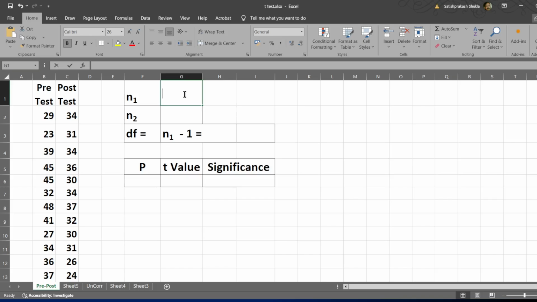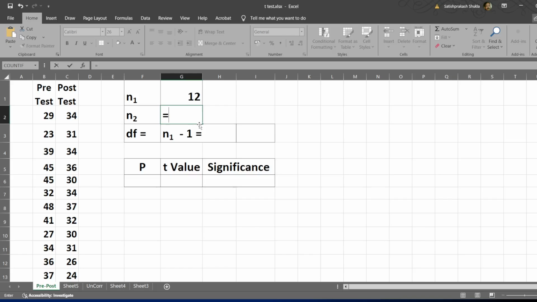Okay. Now we find N1, the number of observations in pre-test. To find it, we write equal sign, count, bracket and the data range, that is B2 to B13. The number of observations in pre-test is 12, and the number of observations in post-test, that is N2, will be counted in the same way.